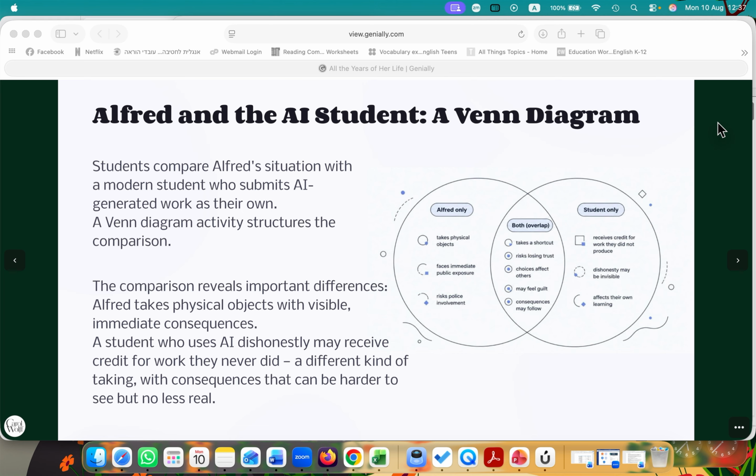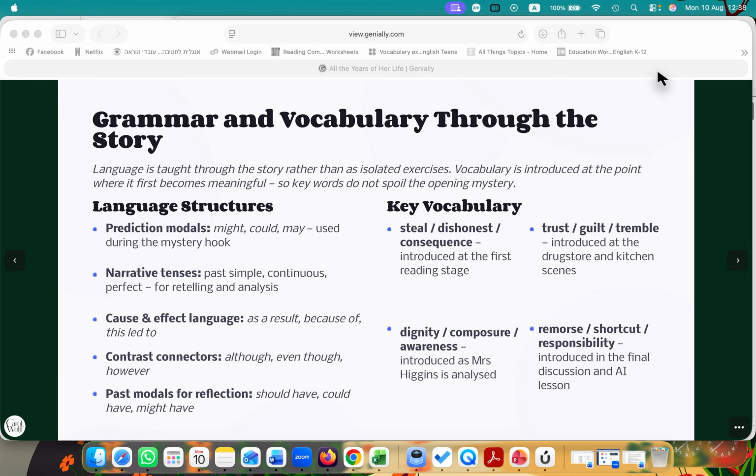Where they overlap, both are taking a shortcut, risking trust and facing consequences. This isn't claiming the two are identical. It shows that dishonesty can take different forms and that its consequences aren't always immediately visible.